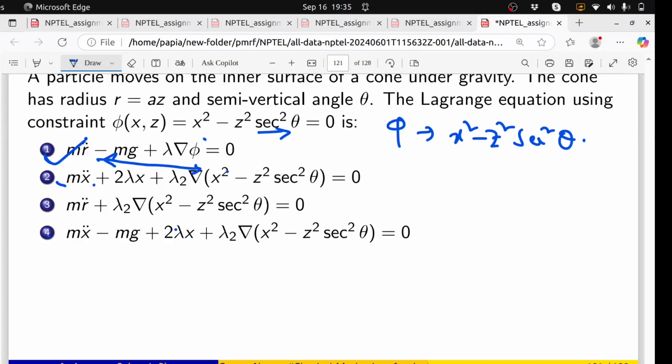This one is the correct option, and they did not write all the explicit function of z. If I want to write it here, that is also fine, but as the first option already mentions exactly the same expression, this one is the correct option: m r double dot minus mg plus lambda grad of phi equals 0.